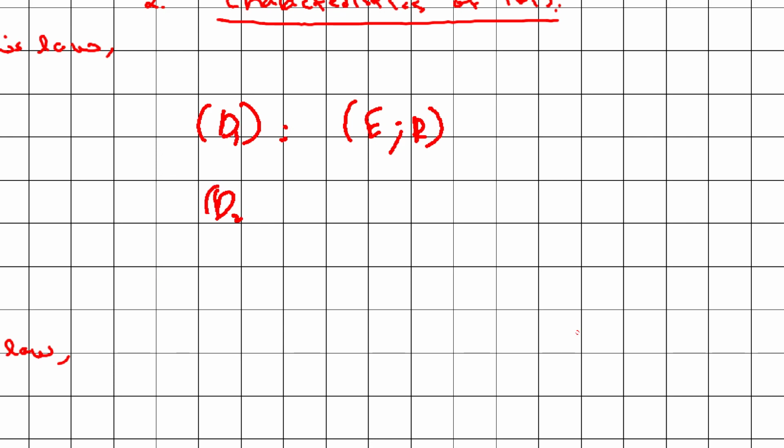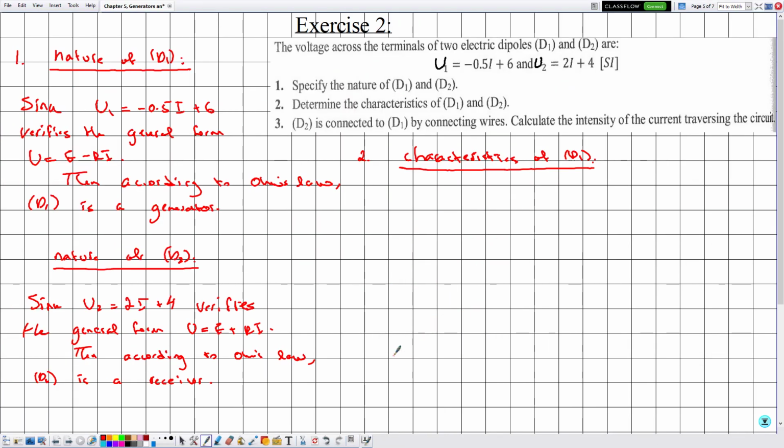As for D2, which is given by E prime and R prime, E prime is the back electromotive force, R prime is the internal resistance. E prime is the minimum voltage needed for this electric component to start to operate. So here let me say that this is prime and this is prime to distinguish between E prime and R prime from E and R.